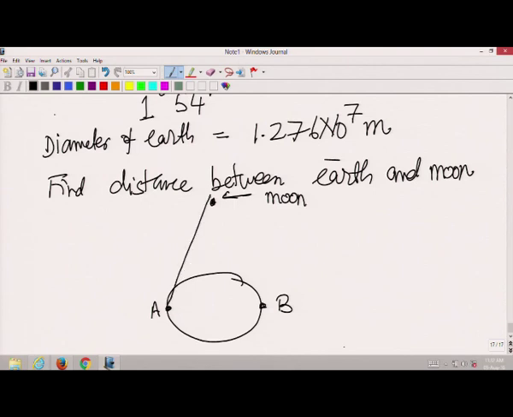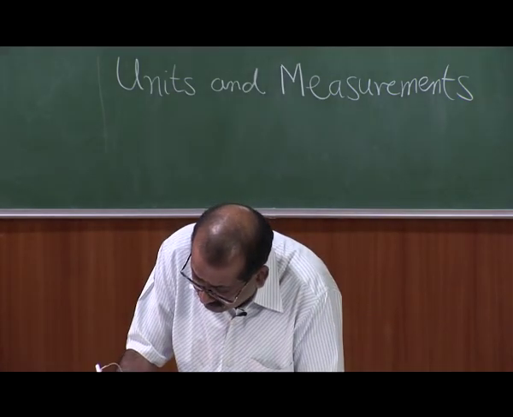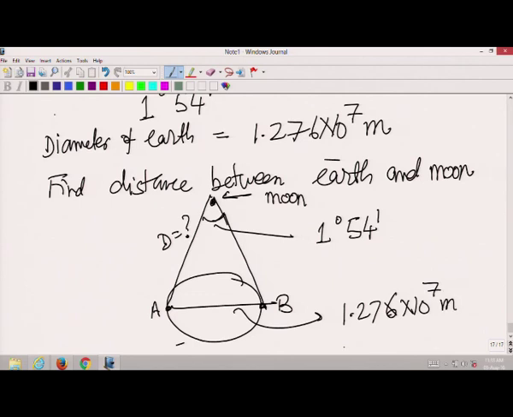What is given to us is that from 2 different observation points we observe the moon, and this angle is 1 degree 54 minutes, and we have to find the distance between earth and moon. So, capital D is the unknown here, the angle given is 1 degree 54 minutes, and the distance AB is given to us as 1.276 into 10 to the power of 7 meters.